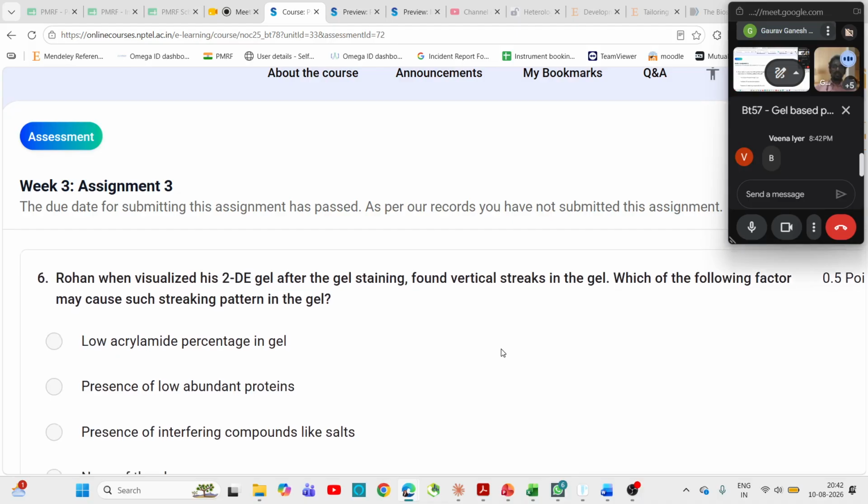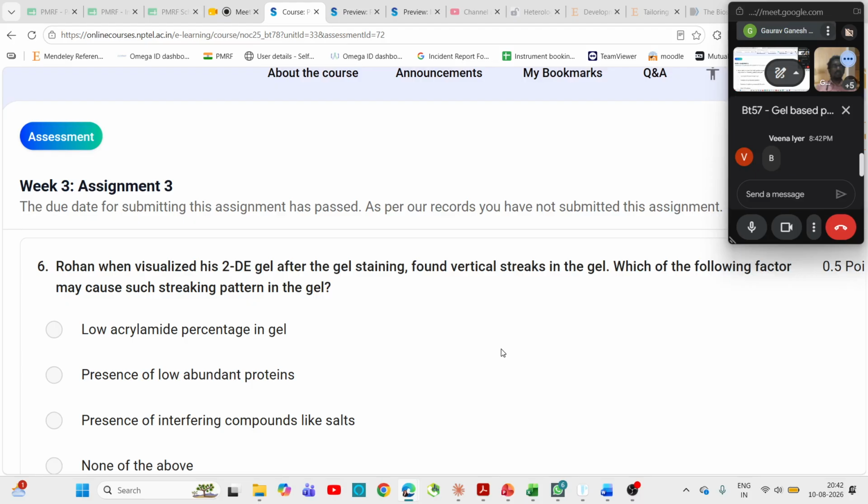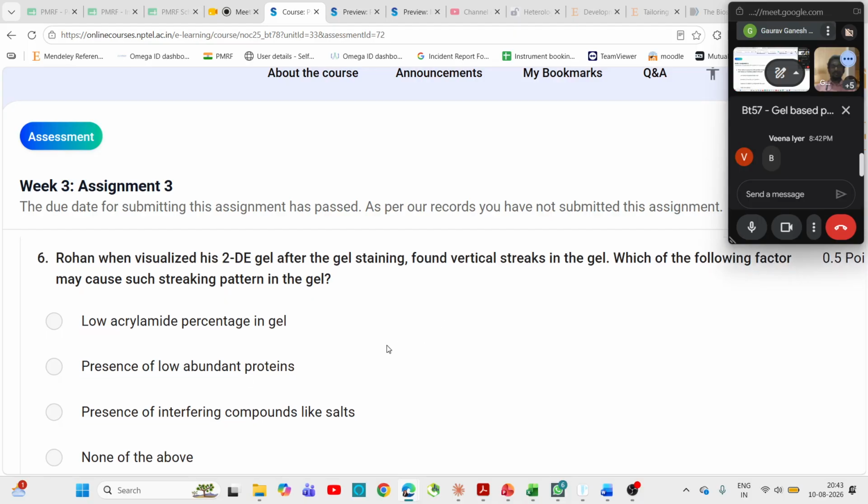Which of the following factor may cause the streaking in the gel? No idea.